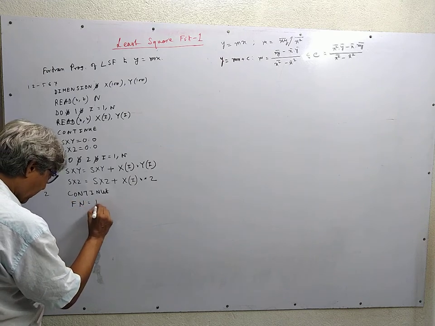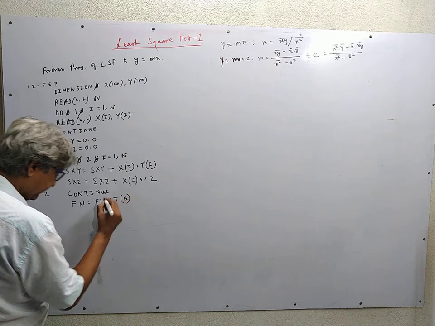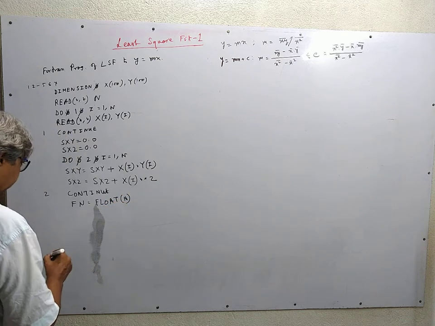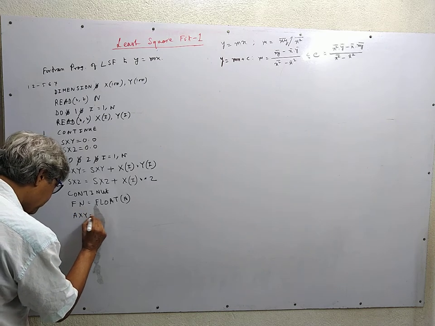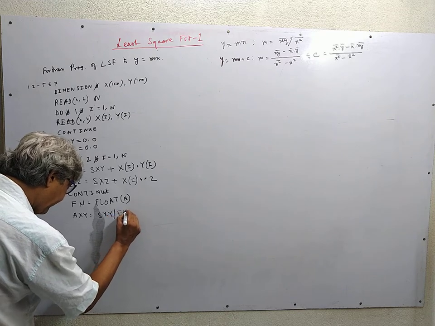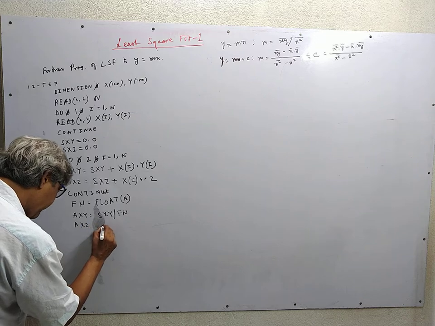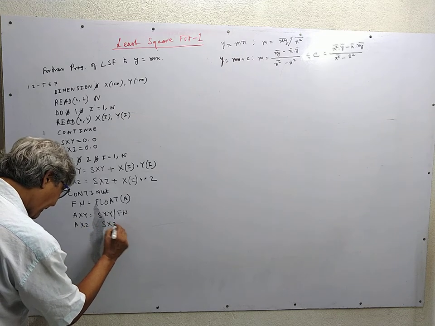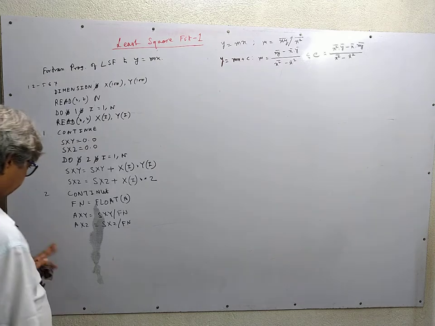Fn is equal to float n, the real number corresponding to n. Average of xy is equal to sxy by fn, and average of x2 is equal to sx2 by fn. I hope this is understandable.